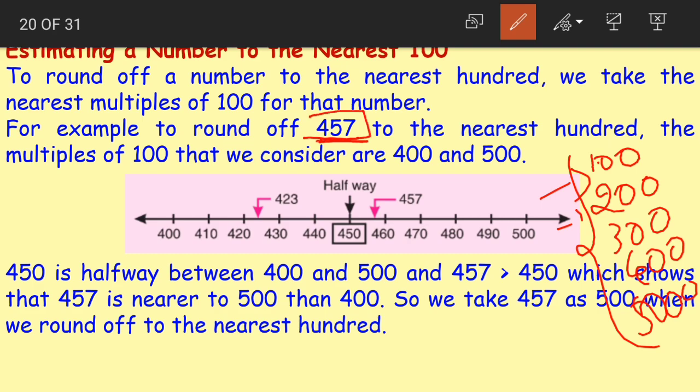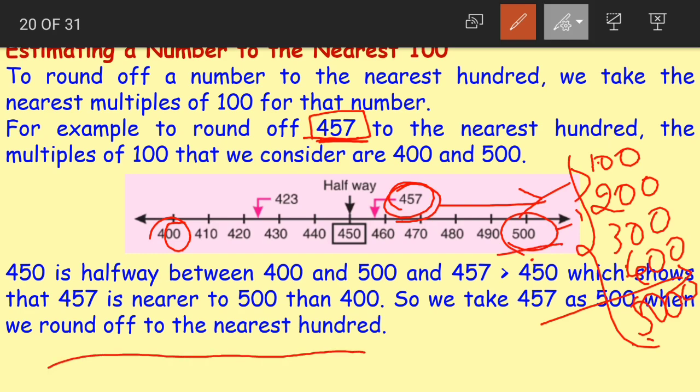Now when we say 457, it comes between these two multiples, that are 400 and 500. 457 falls between 400 and 500. Now 457 is nearer to 500. So 457, we take it as 500 when we round off to the nearest 100.